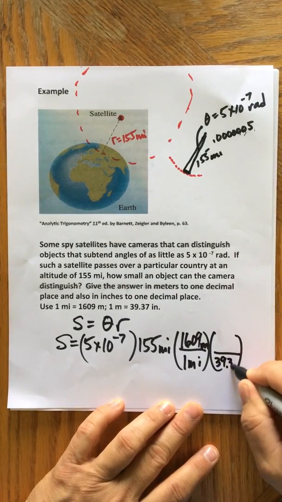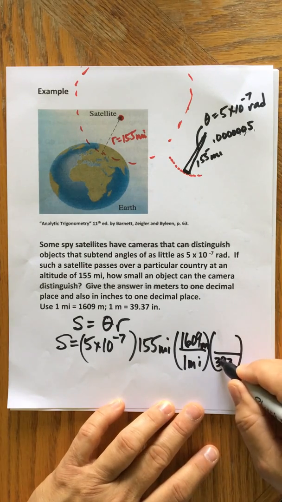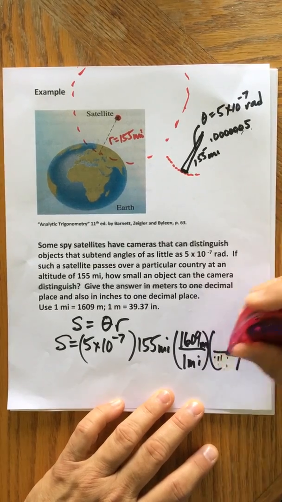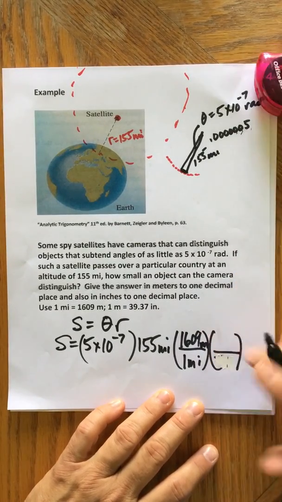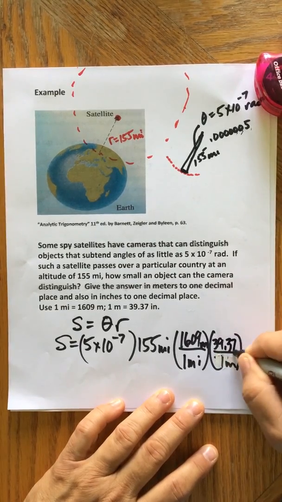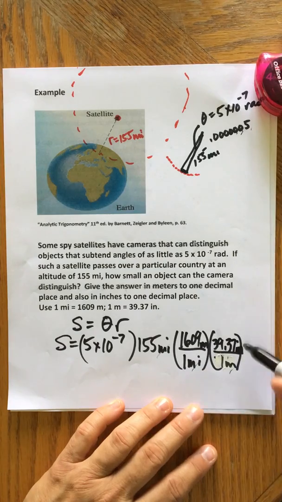They tell us to use 39.3... oh no, sorry, 1 meter. Let me change that. We're in meters in the numerator, so I want meters in the denominator. So 1 meter is 39.37 inches. When I'm done, the miles cancel out, the meters cancel out, and I'm going to be in inches.